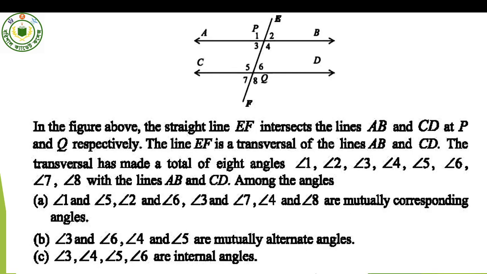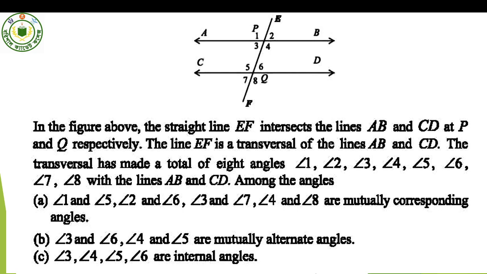Now, see the picture. In the above figure, the straight line EF intersects the lines AB and CD at P and Q respectively. AB and CD are parallel straight lines and EF is a transversal.